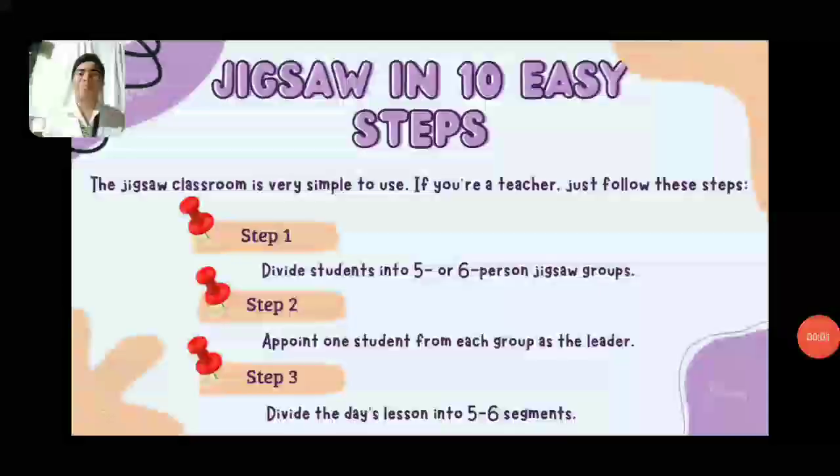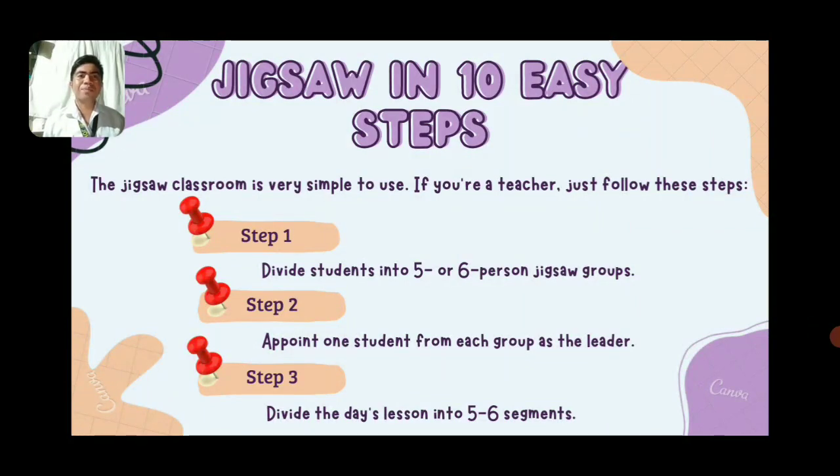So from the broad general steps and methodology of the Jigsaw teaching method, we will simplify it using 10 easy to remember steps. If we become teachers, we will just follow these simple steps. Step 1, in the Jigsaw teaching method, we divide the students into 5 or 6 person Jigsaw groups, so every group will have 5 to 6 members.